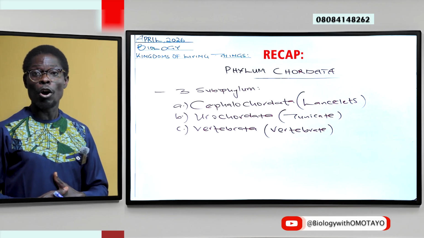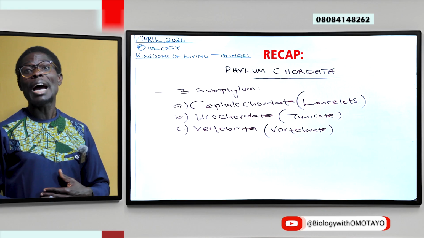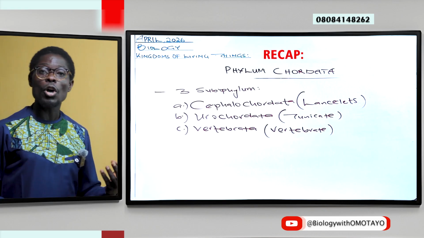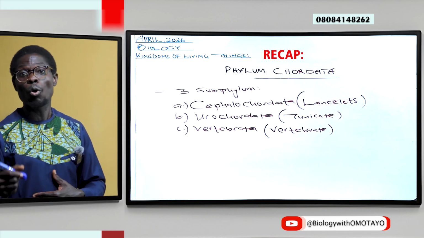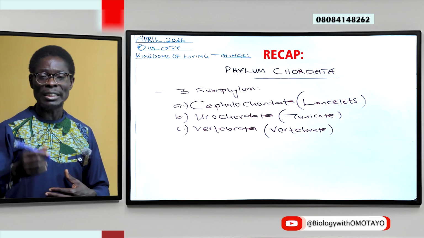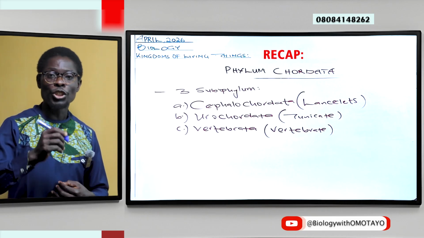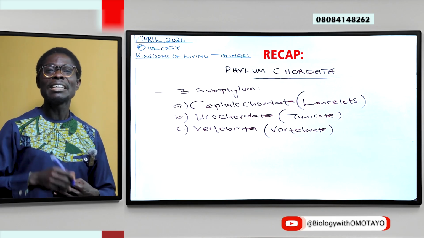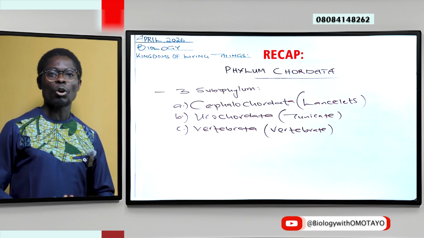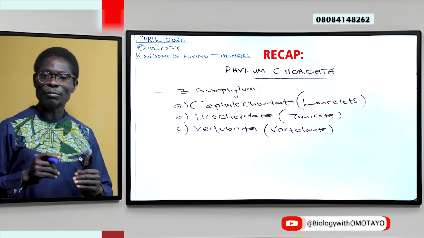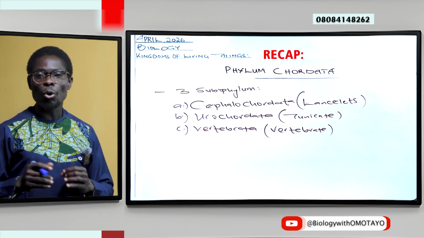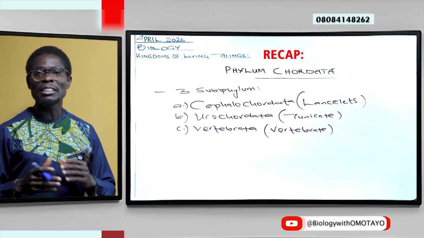Under phylum Chordata, we looked at the 3 subphyla: the Cephalochordata, the Urochordata, and then the Vertebrata. It comes in that order.